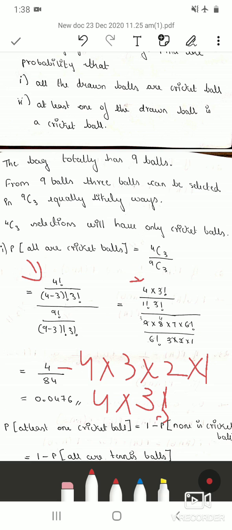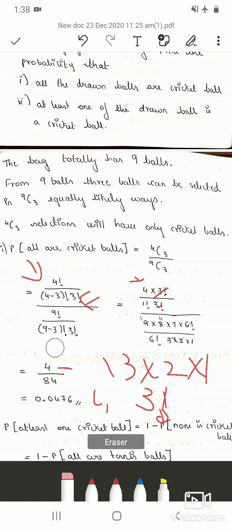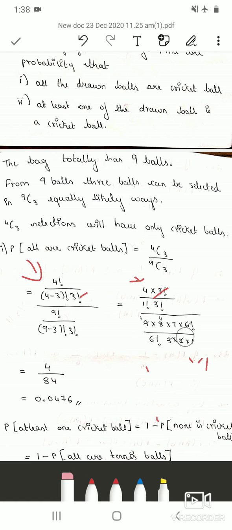We have written only up to 3 factorial because in the denominator we already have 3 factorial, which can be cancelled. So there is no need to write the full expansion of 4 factorial. Therefore, 4 into 3 factorial divided by 1 factorial and 3 factorial. The 3 factorials get cancelled and 1 factorial is 1. Therefore the numerator is 4.